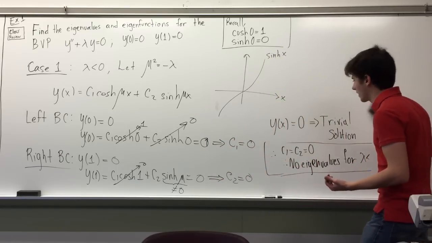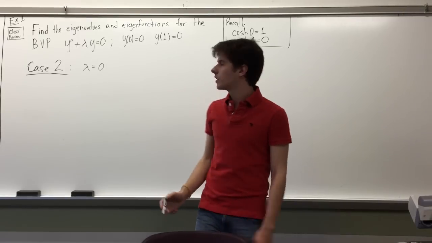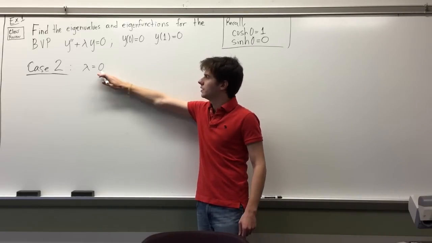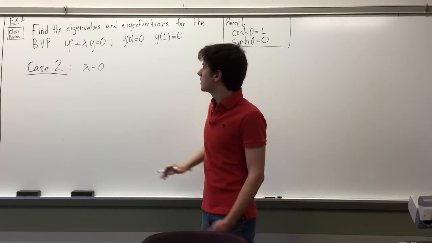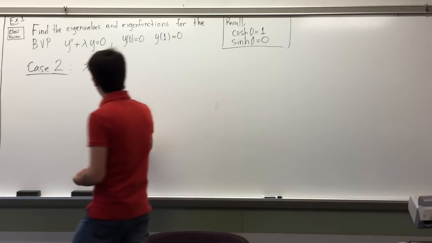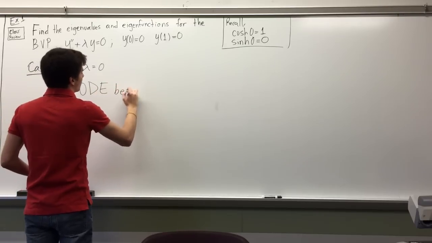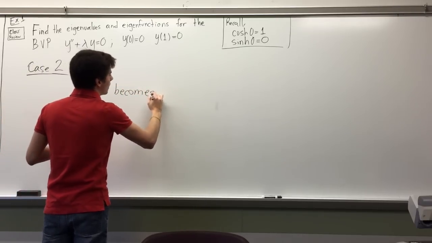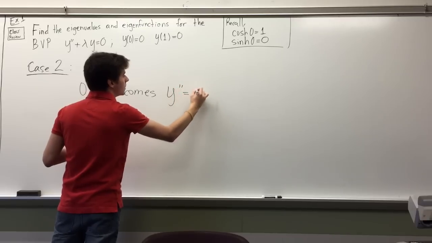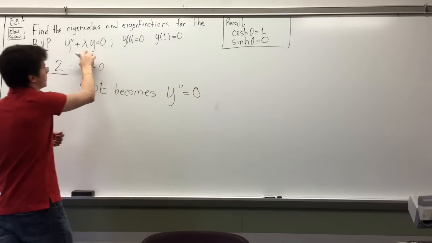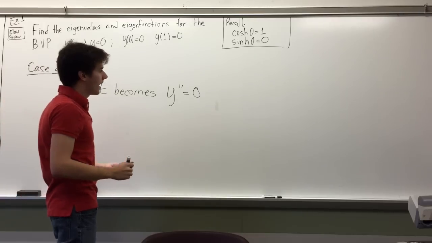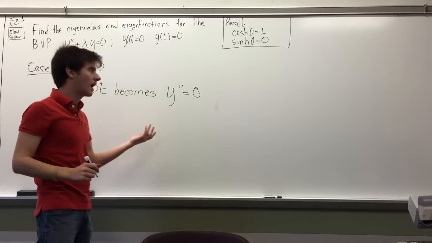So let's consider our second case, that lambda is equal to 0. If lambda is equal to 0, the ODE becomes y double prime is equal to 0, because this term is going to be 0. And what solutions do we have from this?